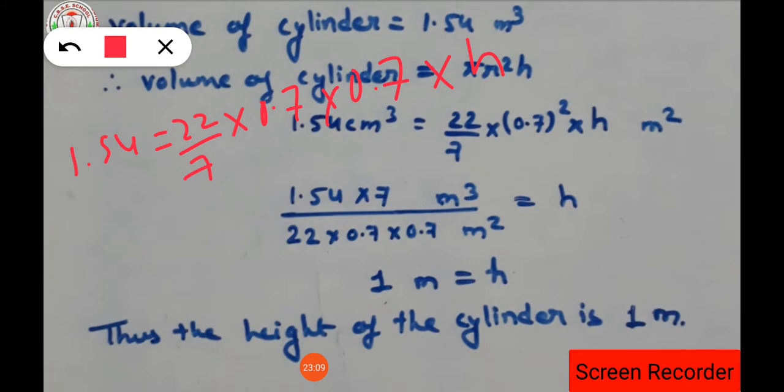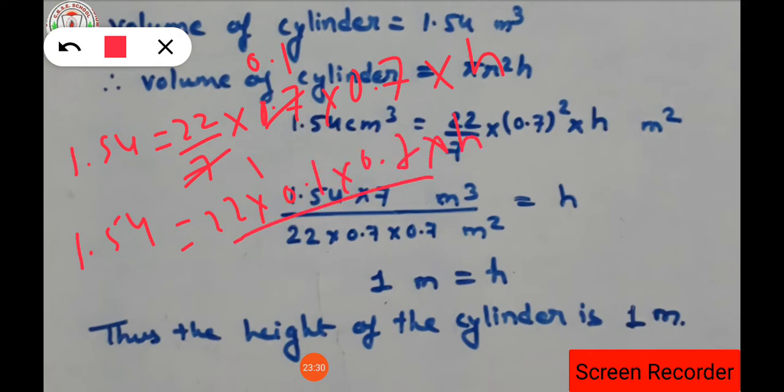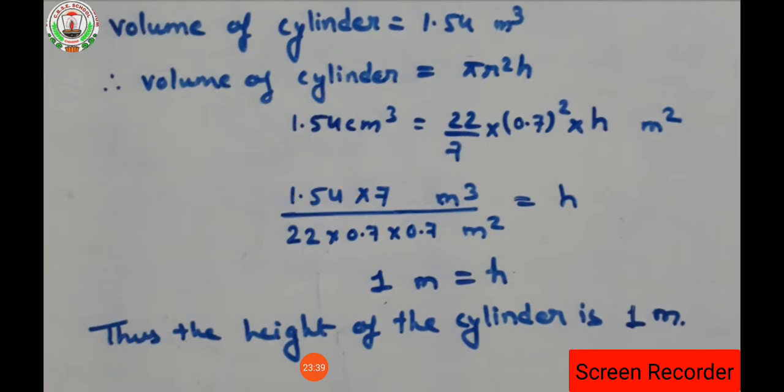Either way, the answer will come the same. So multiply 22 into 0.1 into 0.7 into h together, and then divide 1.54 by all these numbers. You will get the required answer: 1 meter is equal to h. That means 1 meter is the height of the cylinder. Clear?